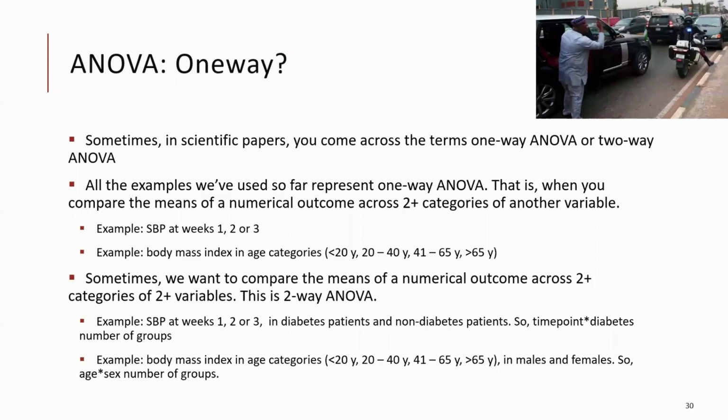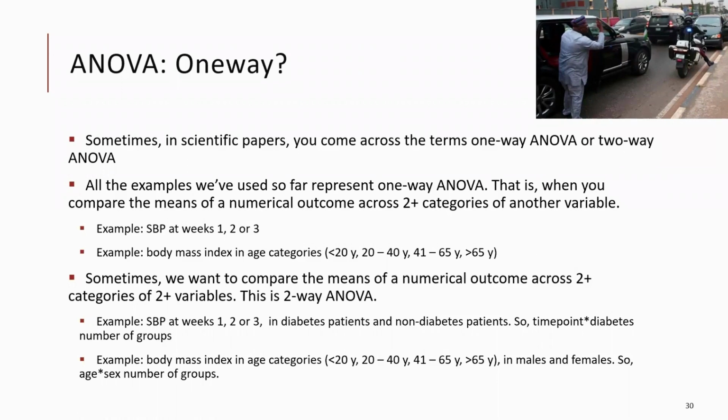Our focus up to this point has been strictly on data sets where we can approximate a normal distribution. That's been our focus here, and so all the tests we've looked at fall into the category called parametric tests.